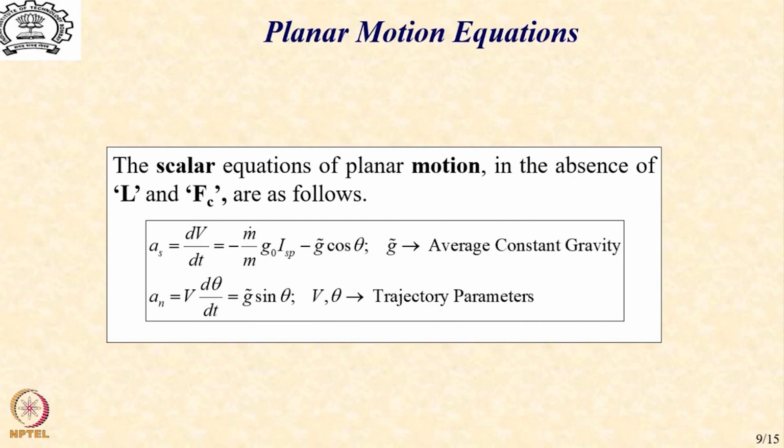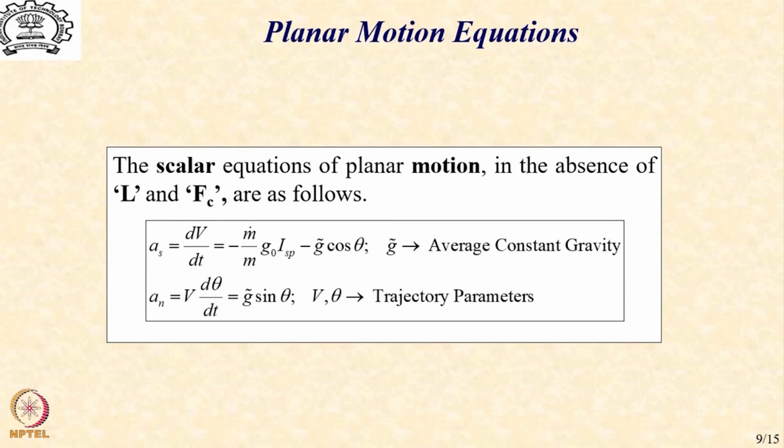So the first equation of equilibrium, that is As, acceleration along the trajectory direction, is nothing but dv by dt, the scalar component of acceleration, and this is nothing but the difference between the thrust and a component of gravity in the direction opposite to thrust, that is g tilde cos theta.